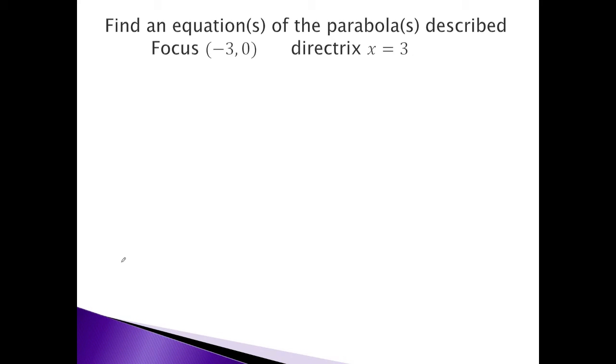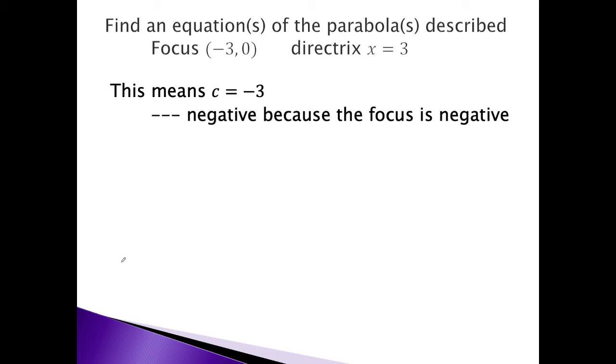Find an equation of the parabola described. The focus is (negative 3, 0), with the directrix x equals 3. This means that c equals negative 3. Because it's negative, the focus is negative.